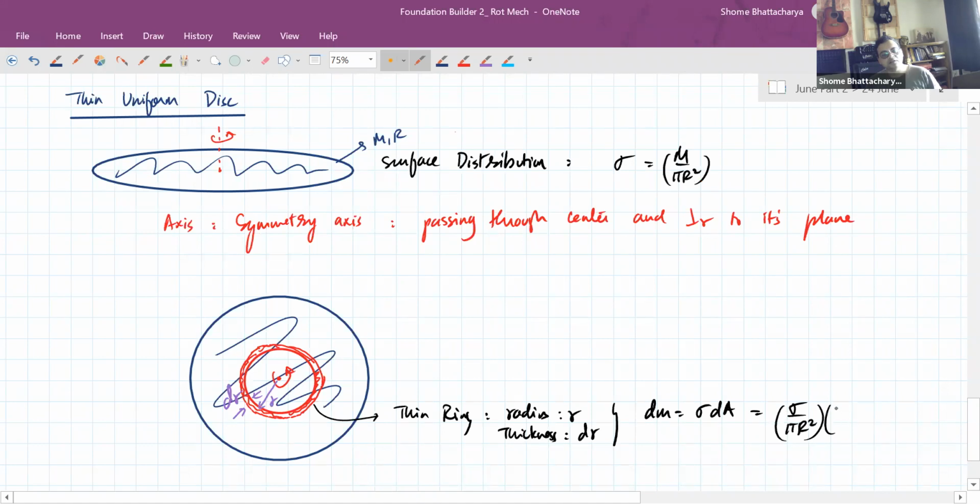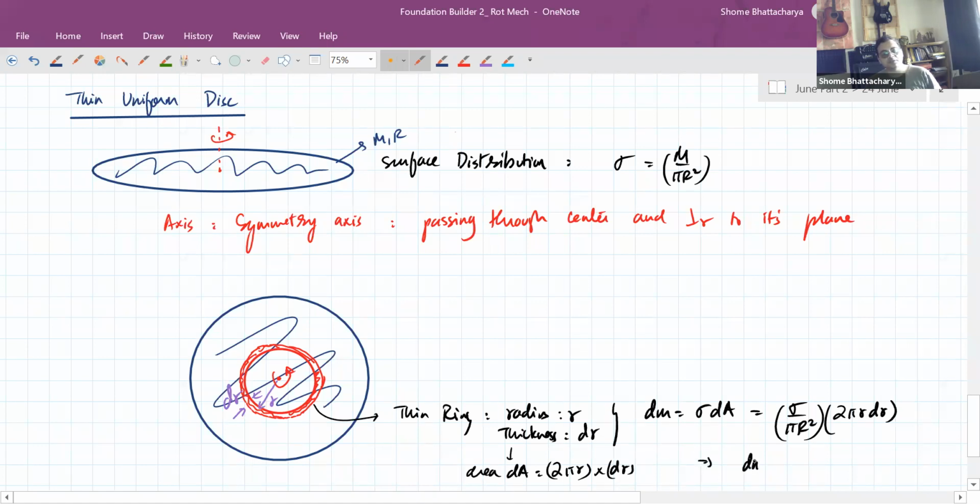The area of that thin ring will be circumference into thickness, so dA equals 2 pi r dr.